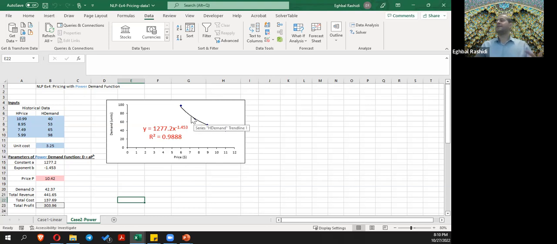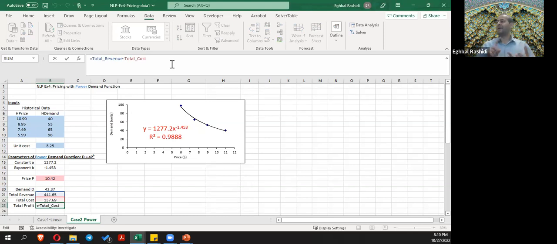As you can see here, this is a non-increasing function, right? So this is like a concave function, and this is actually for the relationship between demand and price, not for the total profit. But we are maximizing the total profit, and total profit is a function of price and demand, and demand is a function of price, which is nonlinear, but overall, I think it's going to be concave.